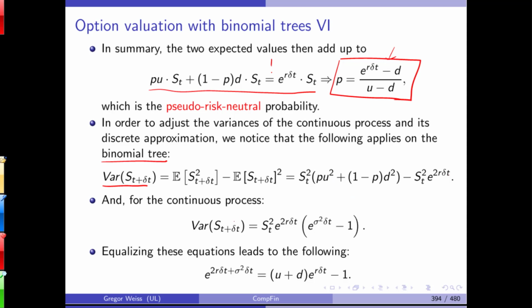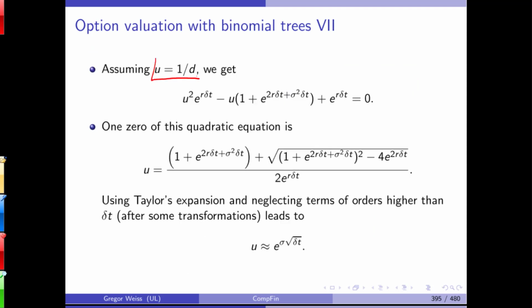For the continuous process we have this, and if we again equalize the two, we get this equation. It's not very interesting so far, but we've already set u equal to 1 over d. So plug it into the former equation.